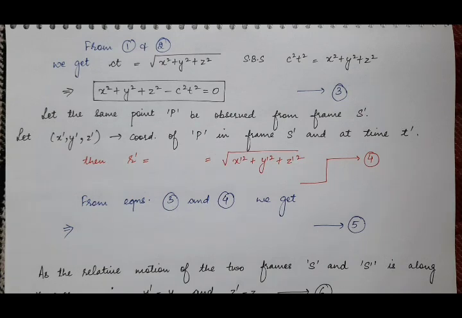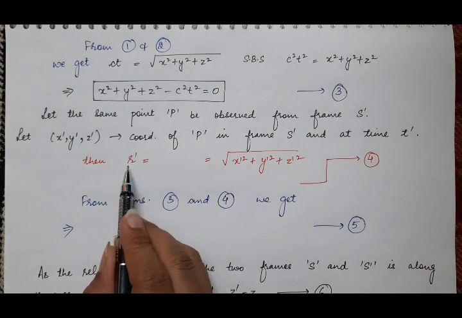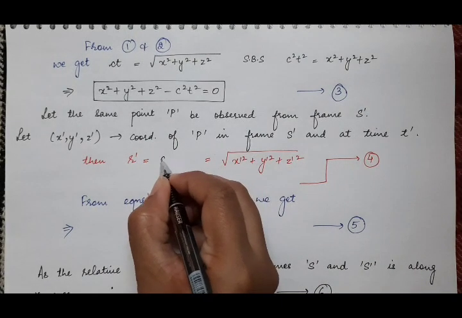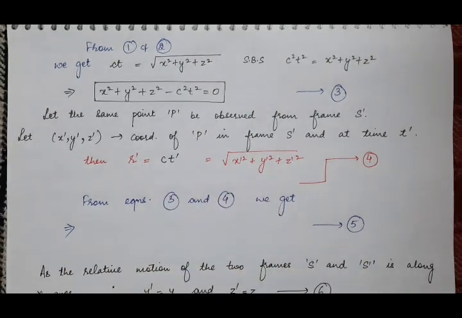Suppose r dash is the position vector of point P from origin O dash in frame S dash. So r dash will be equal to c, the velocity of light, into t dash, the time in which the light is travelling distance r dash.